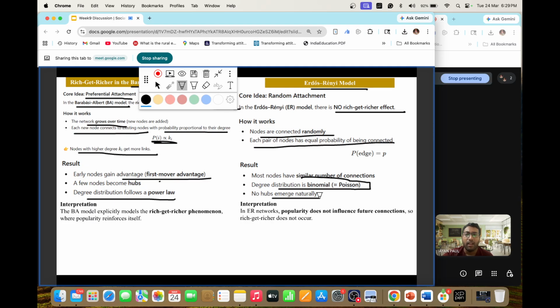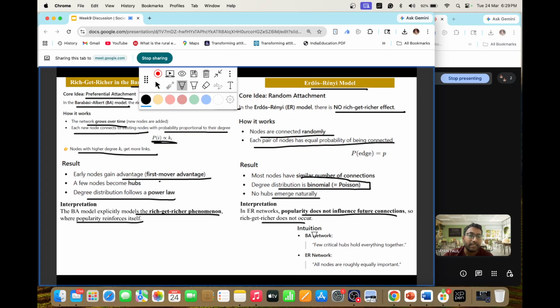The BA model explicitly models the rich get richer phenomenon where popularity reinforces itself. In the ER model, popularity does not influence future connections, so the rich get richer phenomenon does not occur. So this is regarding the rich get richer phenomenon in the BA model and ER model.